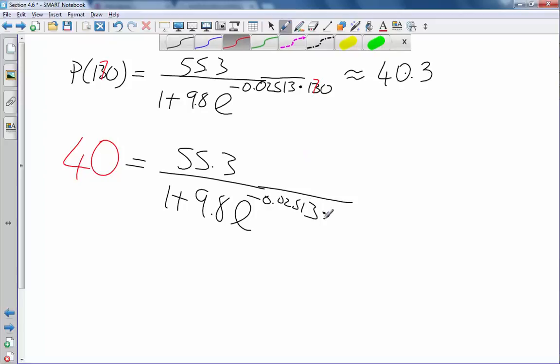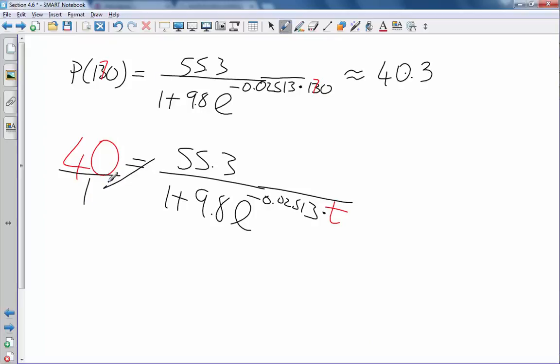Alright, t is asked. You need to solve for t. One way to do this question is cross multiplication. Multiply 1 times 55.3, set it equal to 40 times this stuff, if you like that easier. Otherwise, you can flip both sides, or multiply both sides to get rid of the denominator.